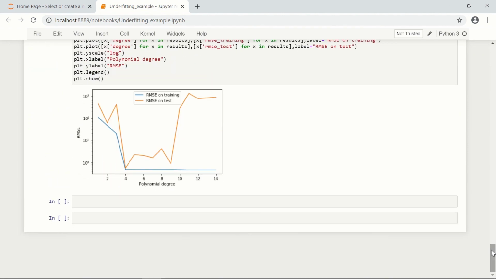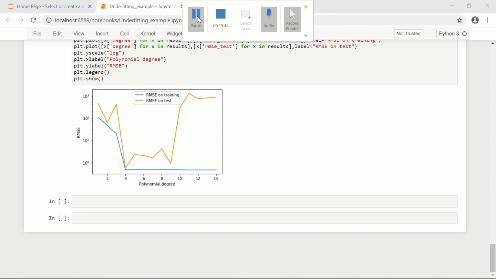Here is an interesting figure of root mean square error, which is showing some important results. Here the blue line is for training and the yellow line is for testing. In the start, the error of training and testing were both very high, but with the increase in polynomial degree, they start decreasing.